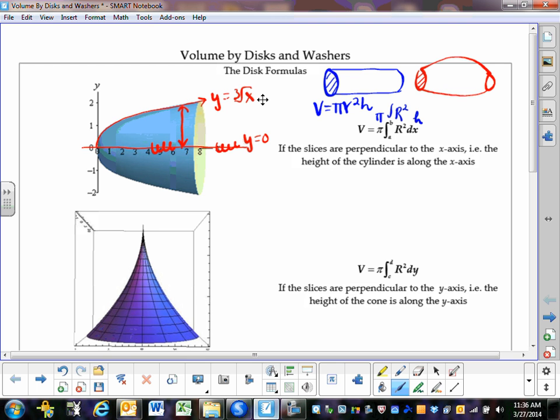So we're basically going to add up cross-sectional circles, and as we accumulate these circles and add them up as a sum, because remember the integral is basically the idea of doing a sum, it's going to do the sum of all of these circles as the height goes from 0 to 8 in this question. Okay, so again it represents pi r squared h.